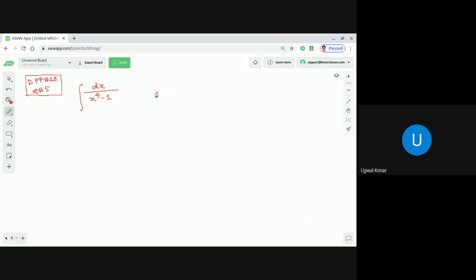So what we're discussing here, x power 4 minus 1, is equal to x square plus 1 into x square minus 1, that is equal to x plus 1 into x minus 1 into x square plus 1. Now, as we know from the linear factors, that rational fraction, definitely you should replace this by a by x plus 1 plus and so on.